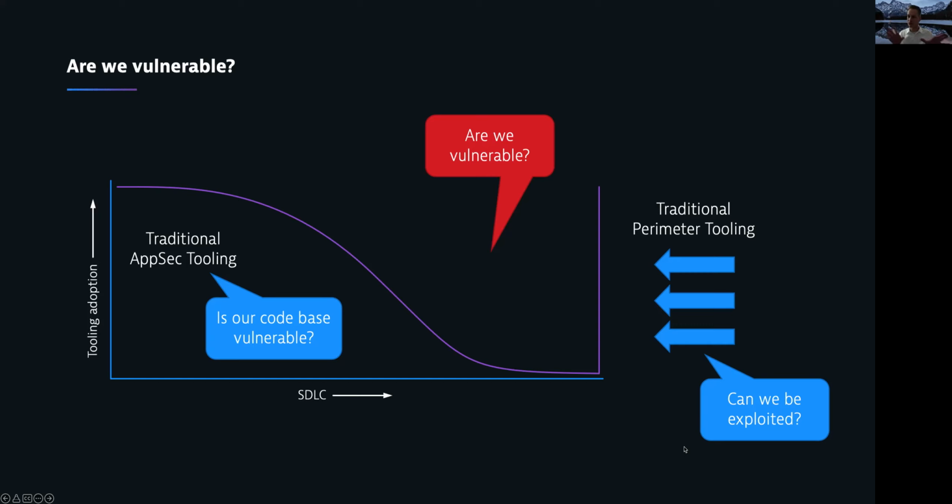But that still doesn't really answer the question, are the applications that run in production vulnerable? So you're sort of dancing around a bit of the problem, right? You get an indication, of course, if your code base is vulnerable, to some extent that influences whether your production environment is vulnerable. But it's still not the same question, and the gap is always there.